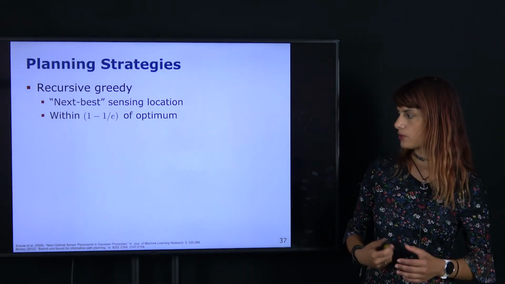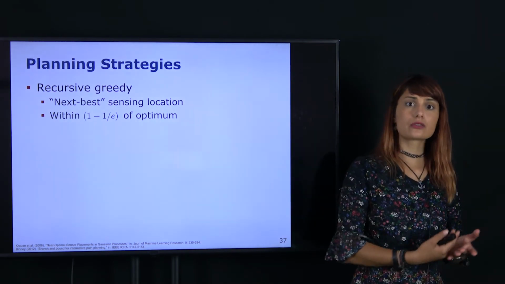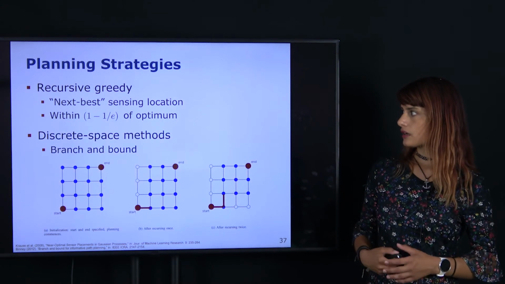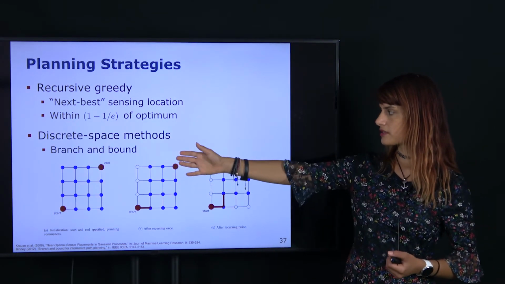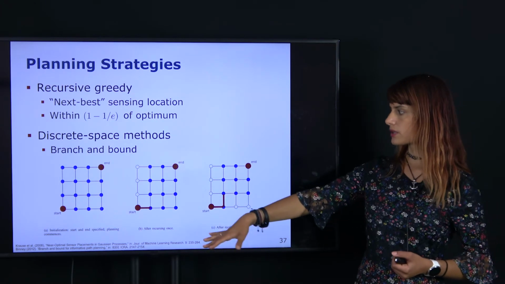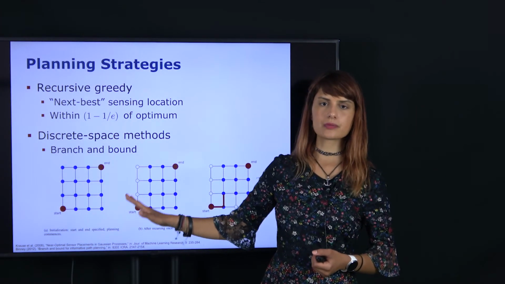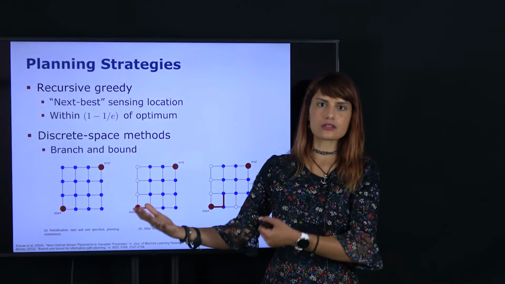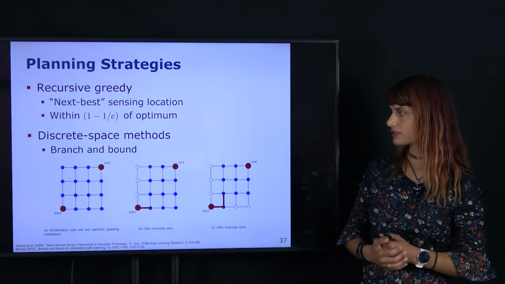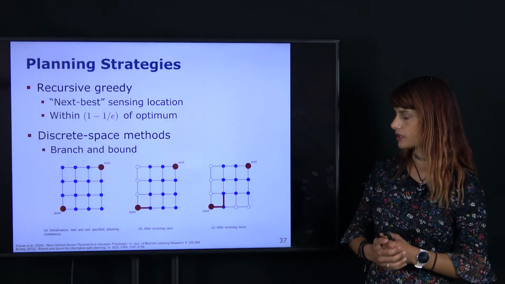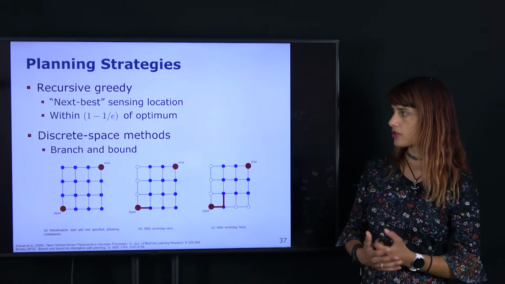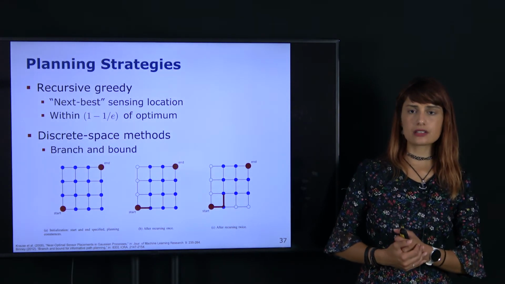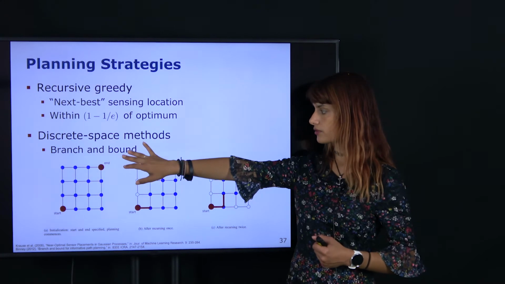Another strategy that one could use that is more applicable for robotic scenarios is grid-based planning. So in discrete space methods, as we said before, we generate a grid of possible locations that the robot could visit and then try to plan a path based on the information value through these locations. One very popular method in discrete space planning, based on the concepts that were presented here, is the branch and bound algorithm.